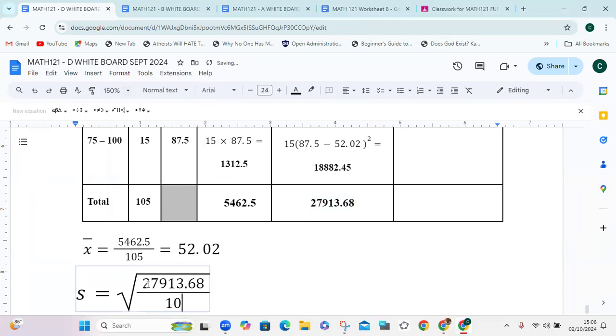divided by 105, that will give us the variance. And then we have to square root the variance to get the standard deviation.